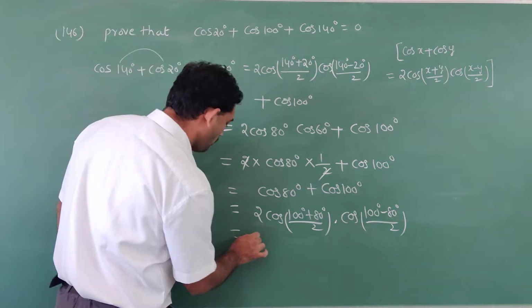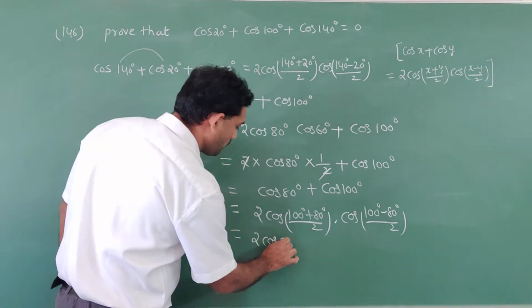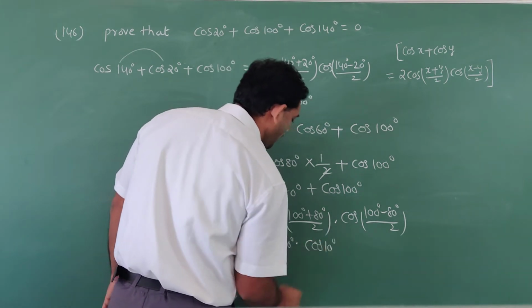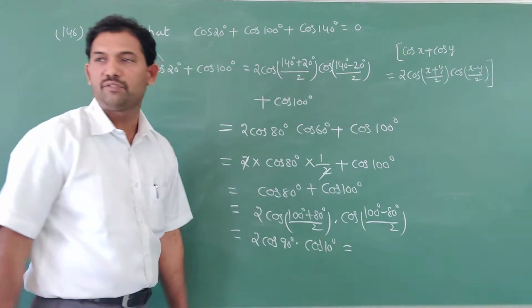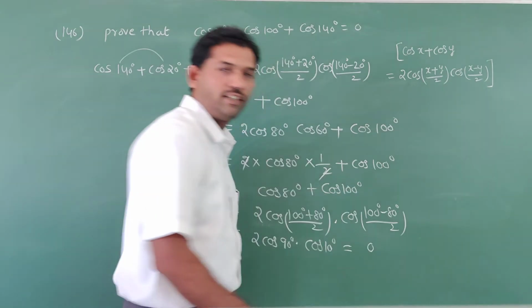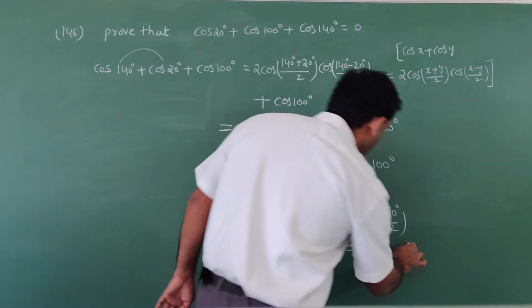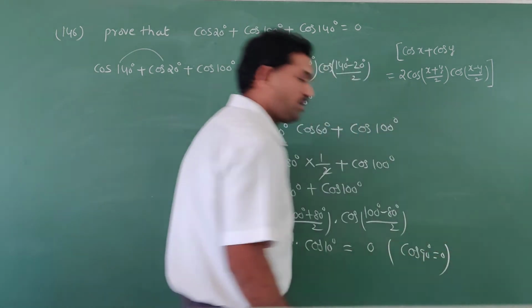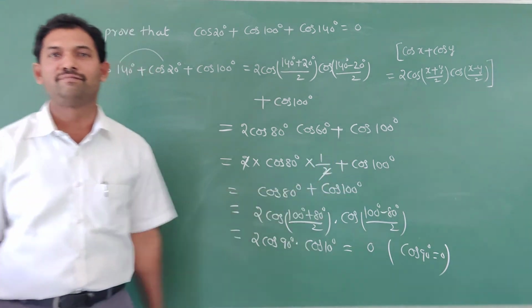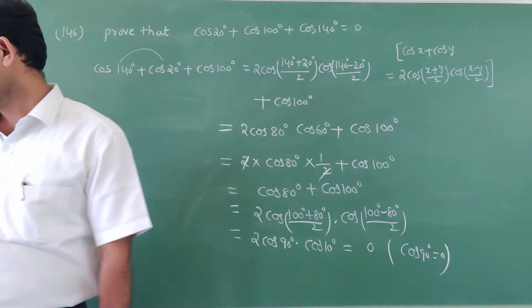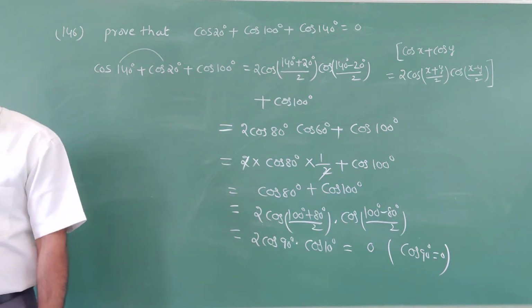First value 2 into cos 90 degrees, cos 10 degrees. Cos 90 degrees value is already 0. 0 into anything is 0. So cos 90 degrees value is 0, that's why the result is 0. That is our solution. Now done.